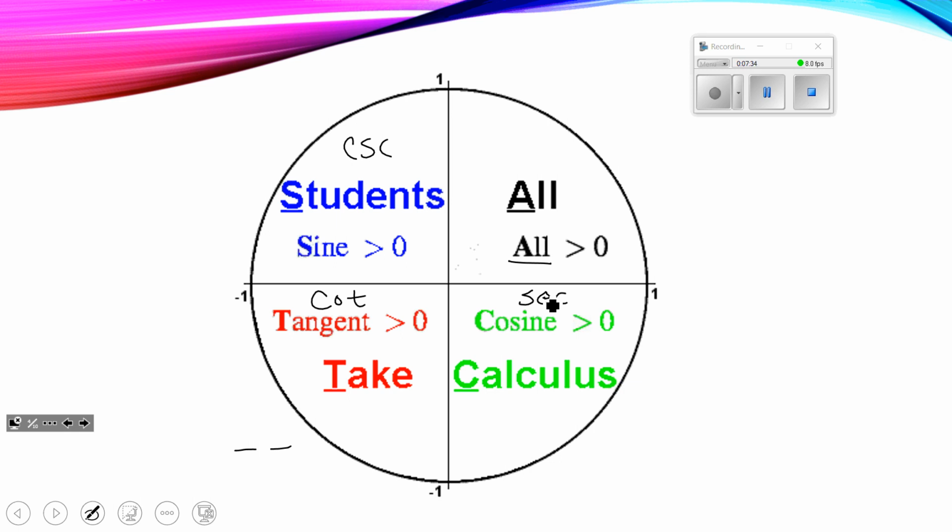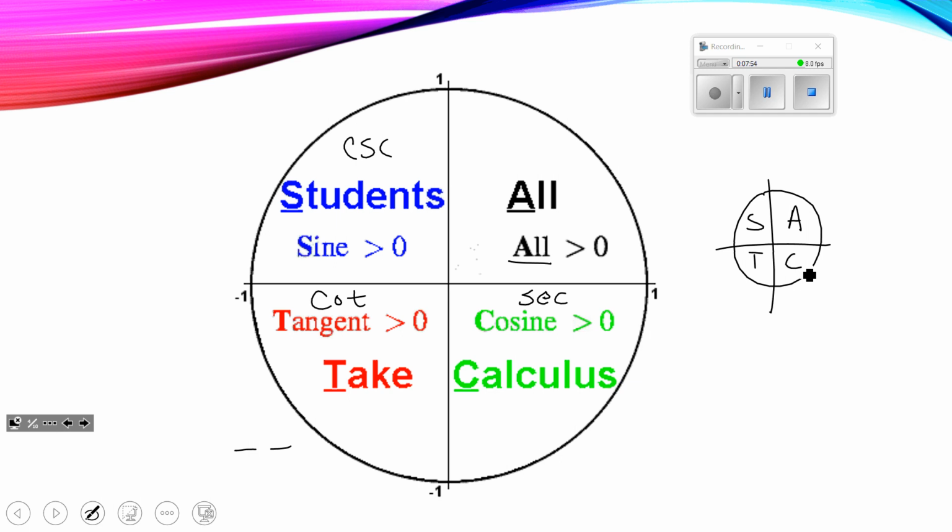So this is a good way for you, just an easy way to remember that giant chart I gave you. Instead of memorizing what the chart looks like, most students on quizzes and tests draw this and say, all students take calculus. And so when you do this, what is this saying to us?